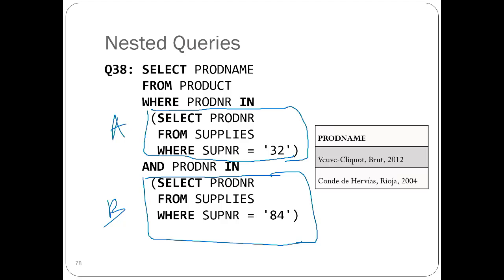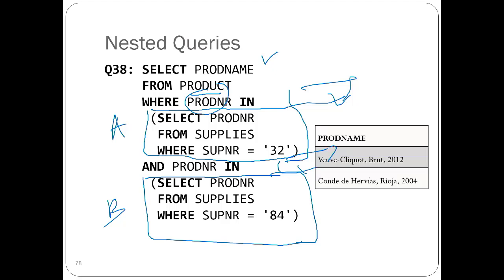Now what is happening in the outermost query? We want to find the product name from the product table where the product number is in this list and also in this list. So what he's telling is in fact correct.